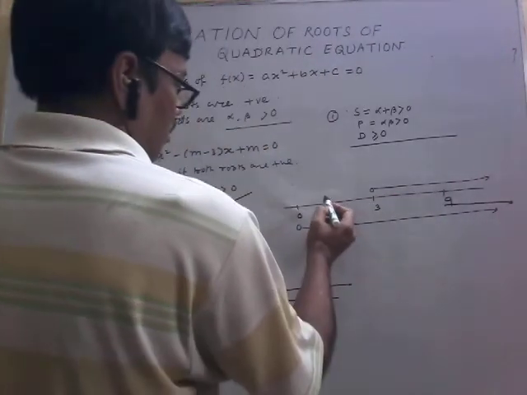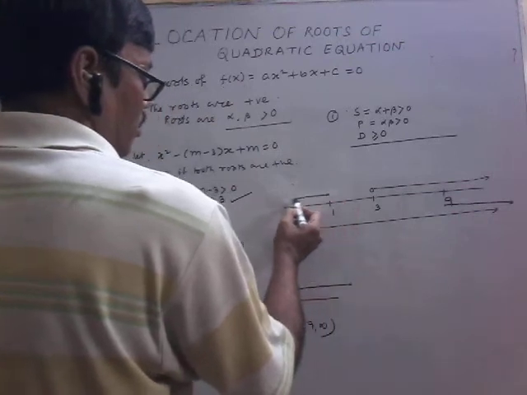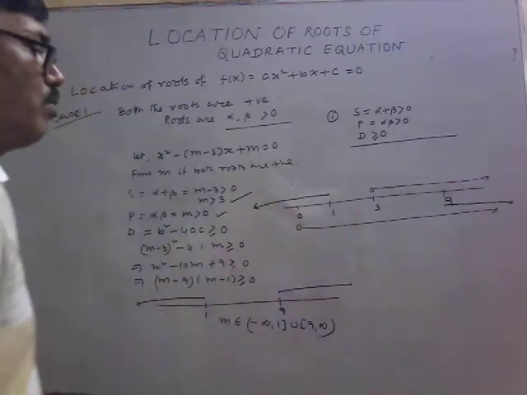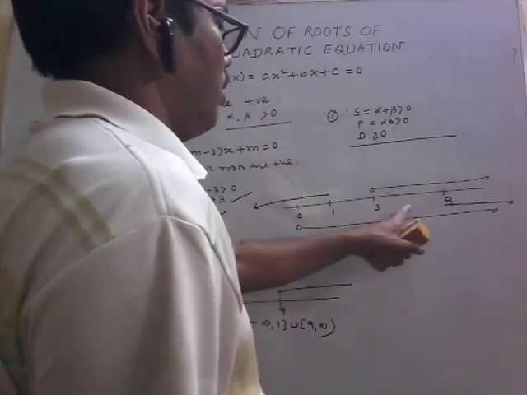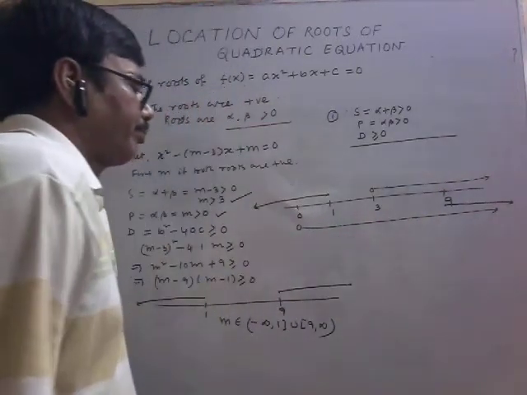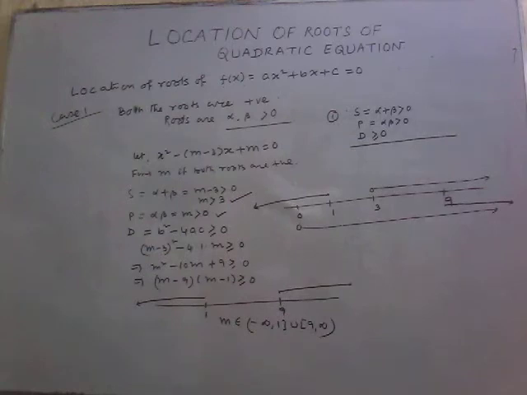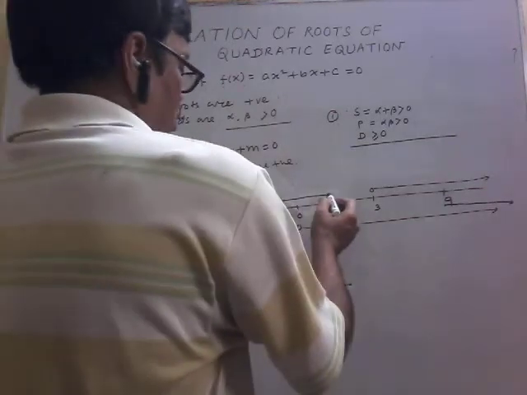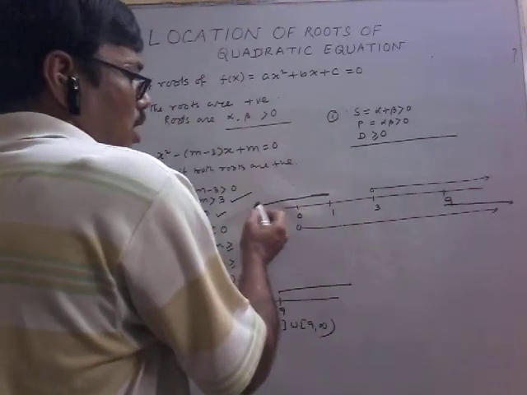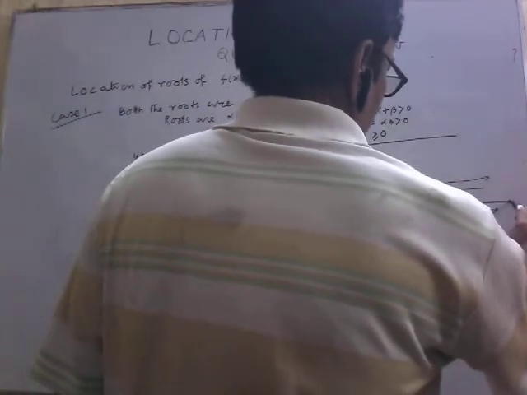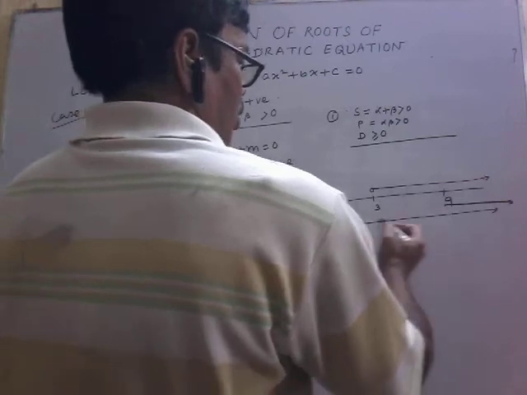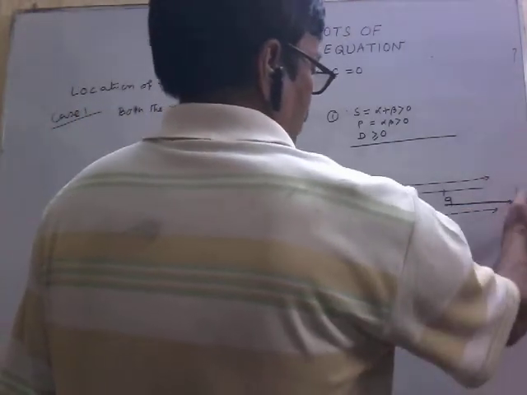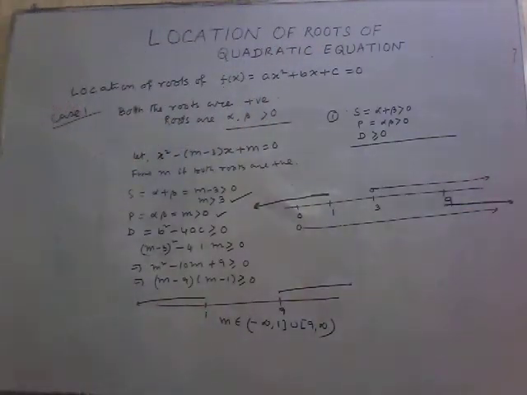So what is the common part? Look, this part is not common. So what is the common part? This one. This is one part. Greater than 3, greater than 0. So 9 to infinity is common part.